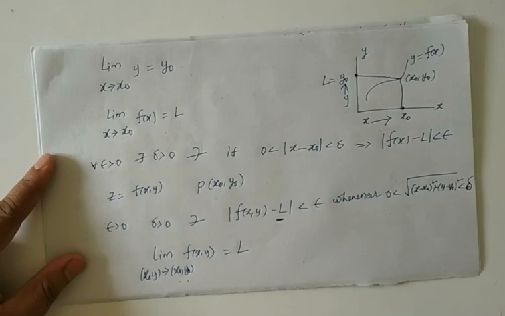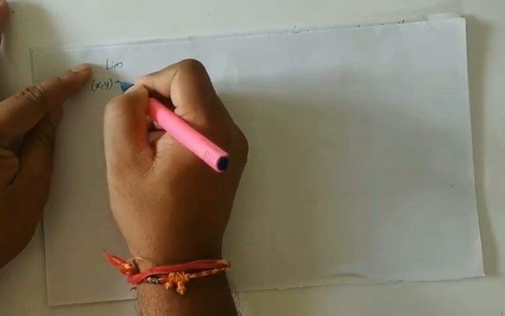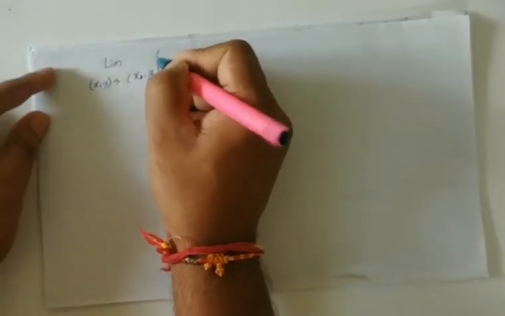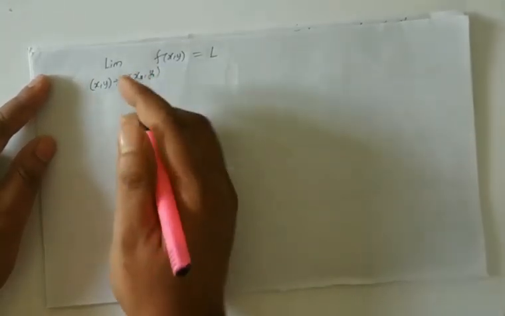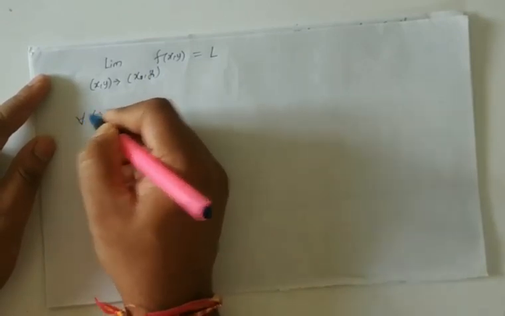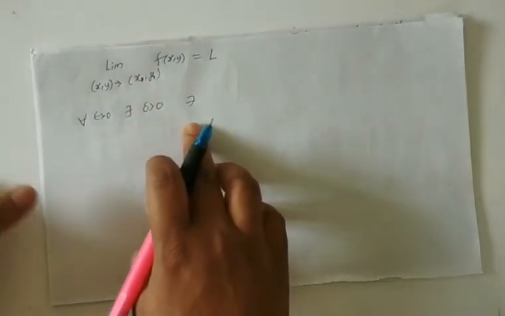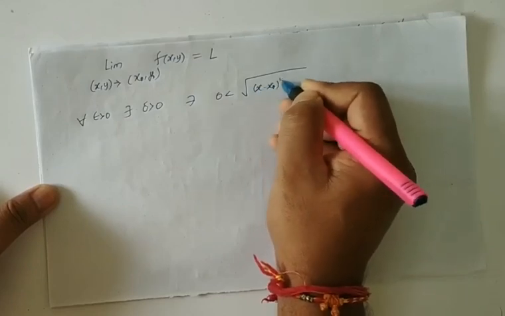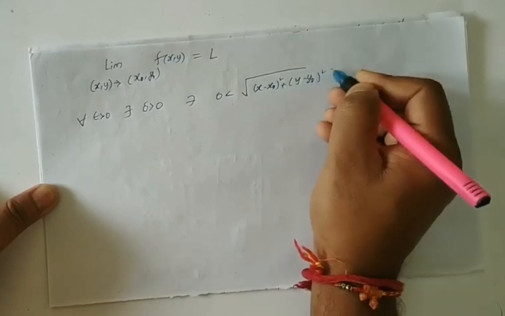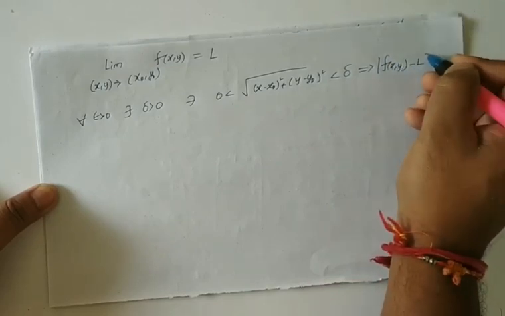The limit of f of x comma y is equal to L means that for every epsilon greater than 0, there exists delta greater than 0 such that 0 is less than the square root of (x minus x naught) whole square plus (y minus y naught) whole square, less than delta, then modulus of f of x comma y minus L is less than epsilon.